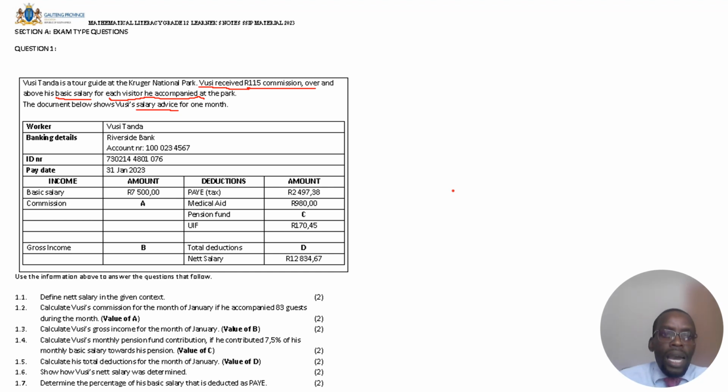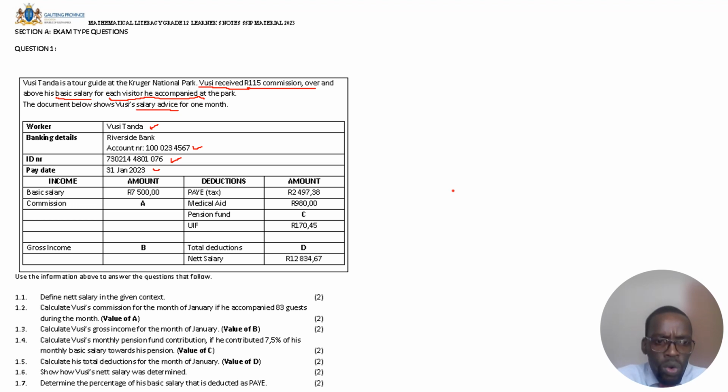Okay, right, now this is what we are saying. You can see, like what I was saying, that normally all pay slips do have the name of the employee. In this case, we can see the name of the worker there, that's Vutsitanda, and then we have the banking details, that's the account where this amount of money was deposited, and then we also have the ID number for Vutsitanda, and then we also have, I think, the date he's going to get paid.